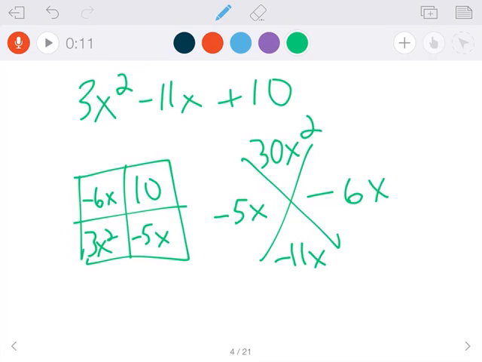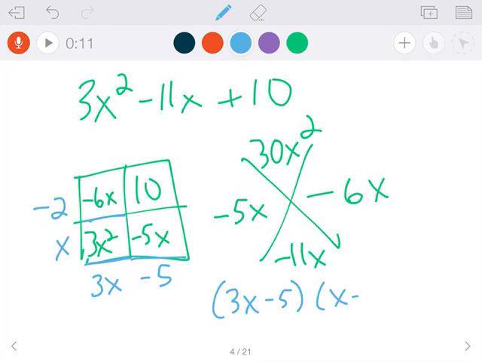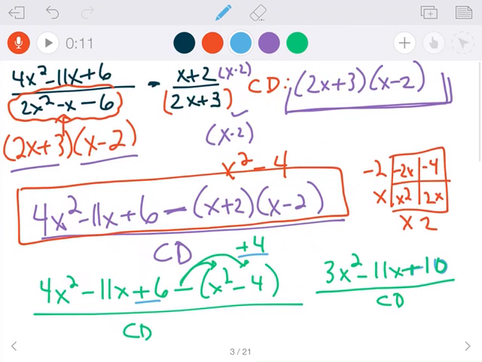Which means I'm going to write my 3x here and my x here, because 3x times negative 2 gives me negative 6, and x times negative 5 gives me negative 5x. So my factors are 3x minus 5 times x minus 2.